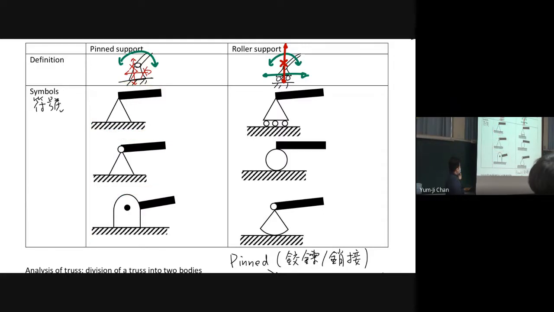And for roller supports, when I discuss chapter 4, I use this, but in some books we have this, and in some books we have this. They are all the same thing.